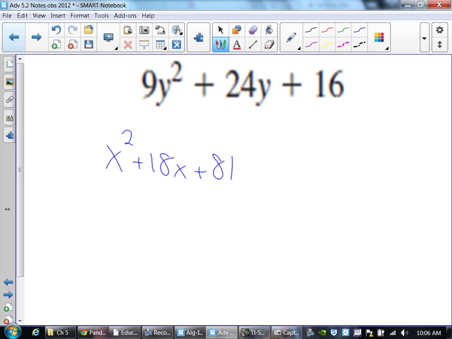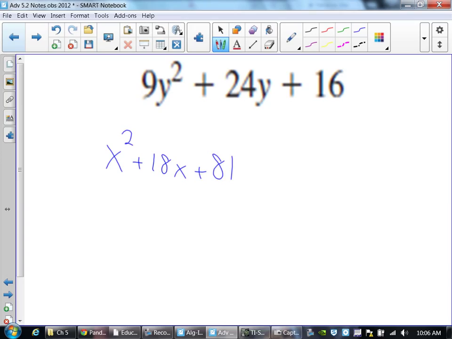Let's look at that one first before we do the one with the coefficient of 9. What can you tell me about the relationship of those values? Of the x squared, 18x, and an 81? Besides the fact that they're flip-flop. That's just dumb luck. They're both divisible by 9.